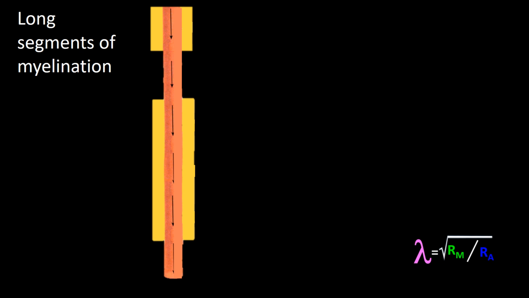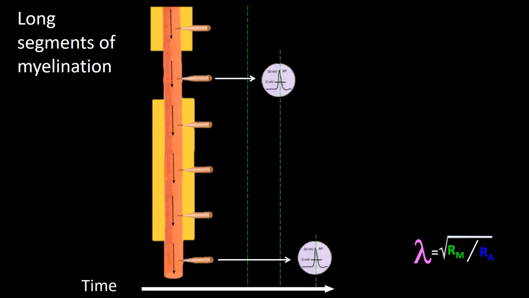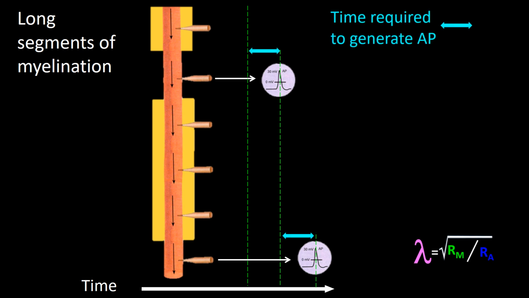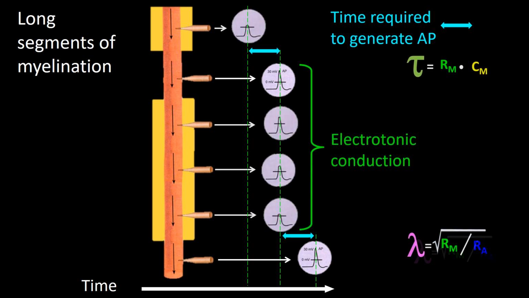In this frame, you can see represented an axon with long myelinated segments. Action potentials only occurred in two places. Hence, conduction slowing only occurs at two places. Now I have represented electrotonic conduction.